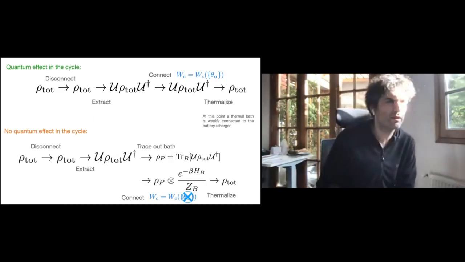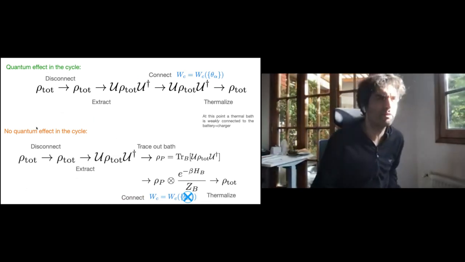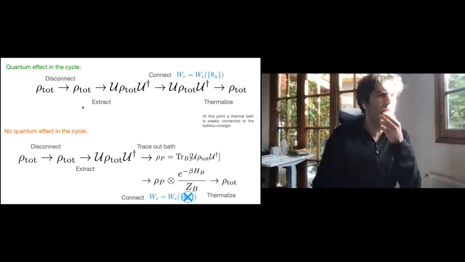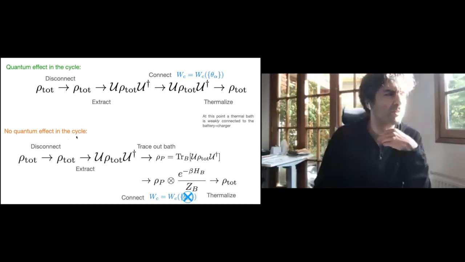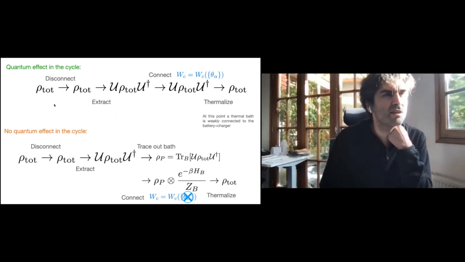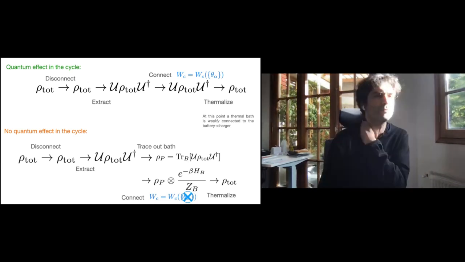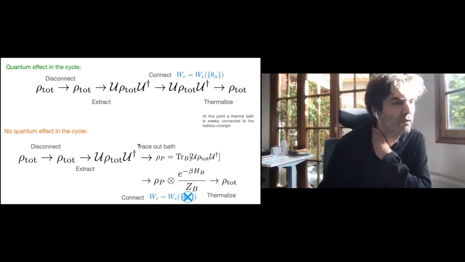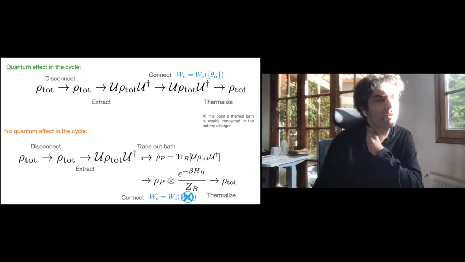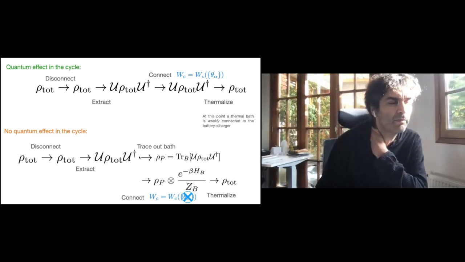So let me here summarize a bit and present an alternative cycle which does not present the advantage. So the cycle I discuss is this. Disconnecting energy depends on the phases. Something that you can consider is to change at this step the process and say, okay, I have extracted the energy from the battery.